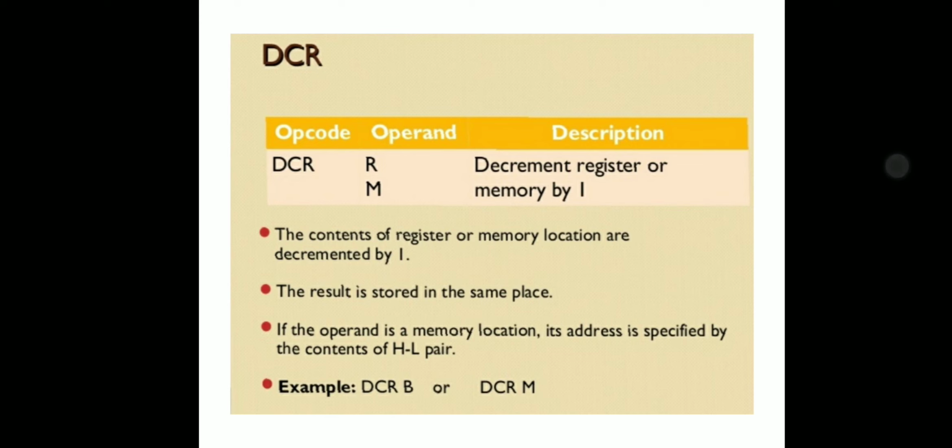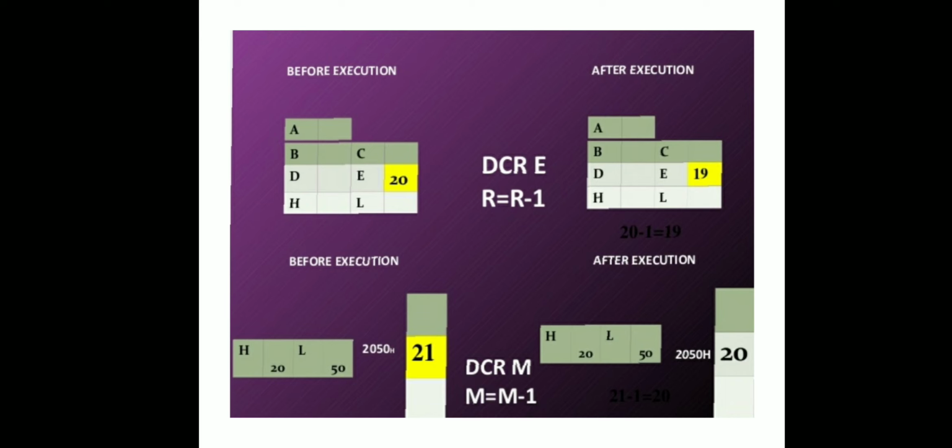For example, DCR C. After execution of this instruction, the content of register C is decremented by 1 and for DCR M, the content of memory location specified by HL pair is decremented by 1 and is stored at the same memory location.